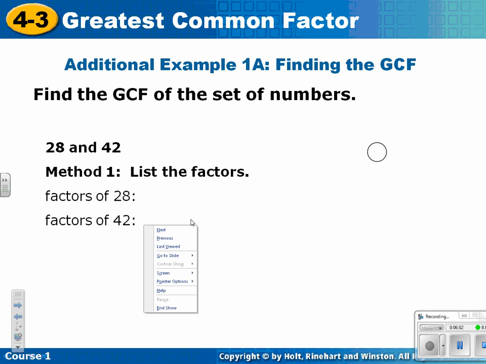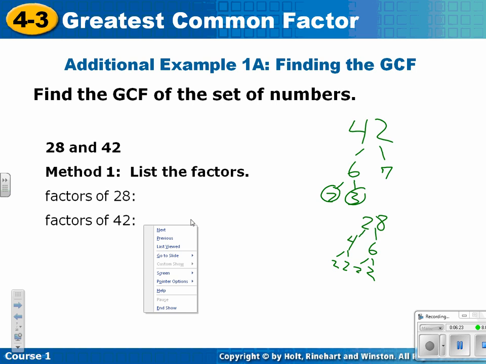I'm struggling right now. I thought we were doing both of them. You did? What?